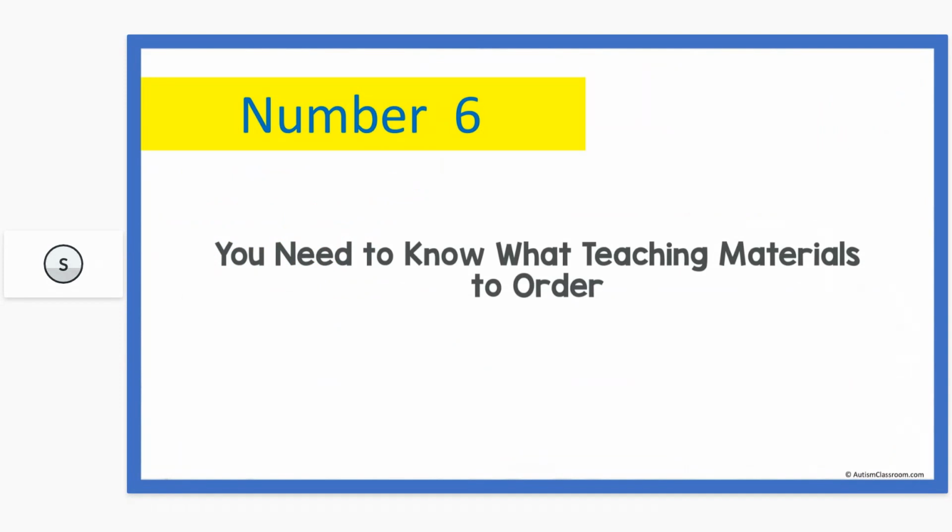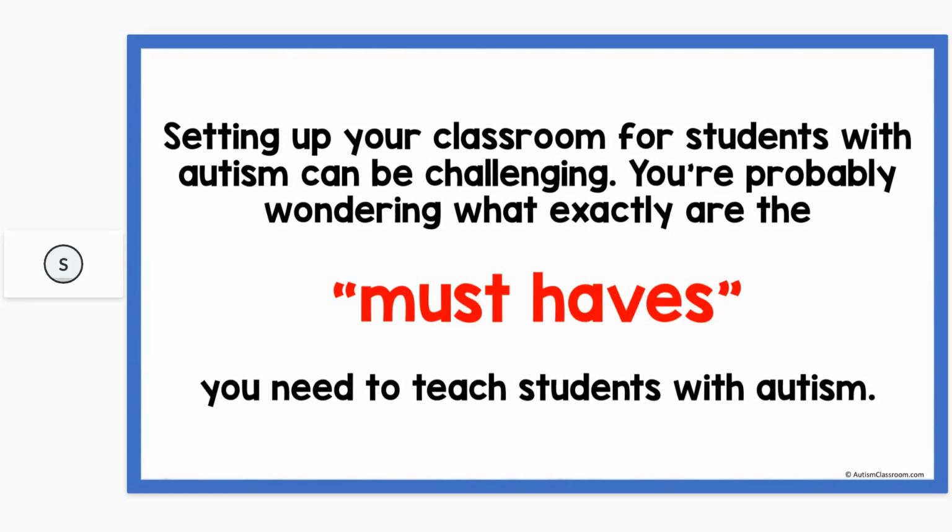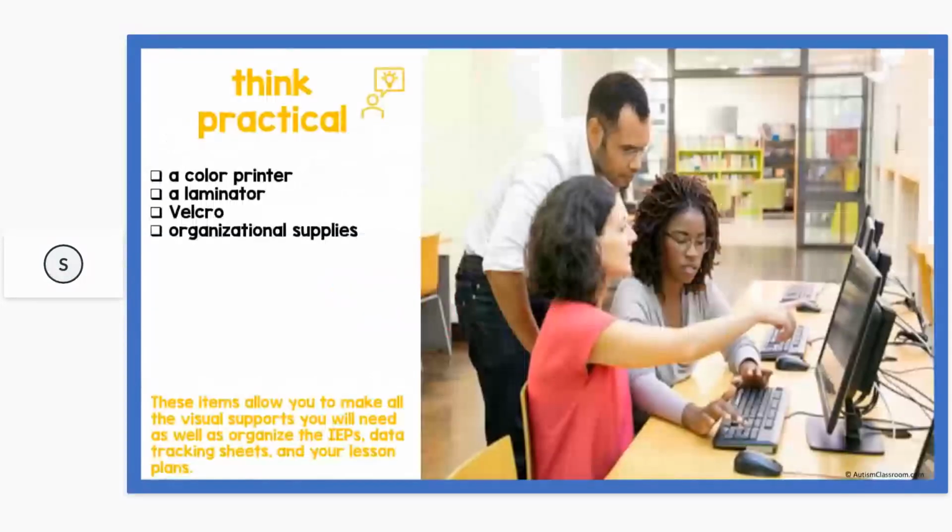The number 6 thing: you've got to know what materials to order. This is tricky for a lot of people. Setting up your classroom can be challenging, and you usually want to know, okay, what are the must-haves that we need in order to teach students with autism? Honestly, I know I have a color printer here, but it doesn't have to be in color, though most people do want their things in color. And you hope that the school system will give you access to a color printer, but most times they don't.